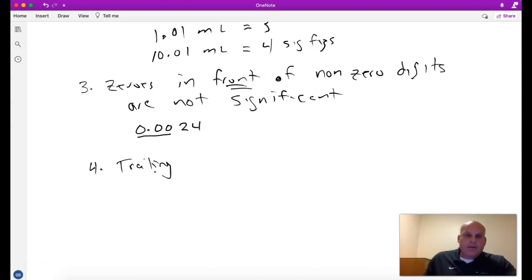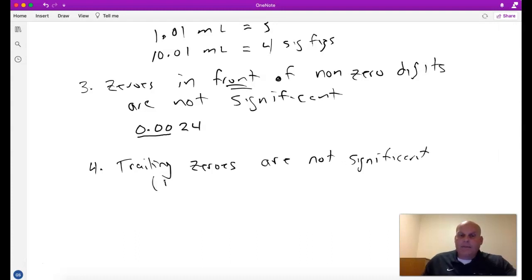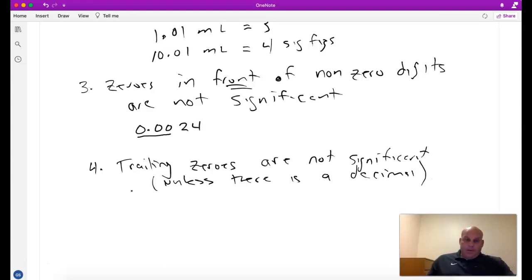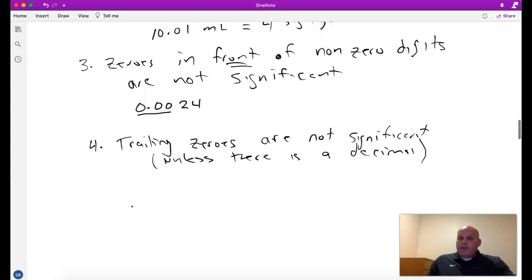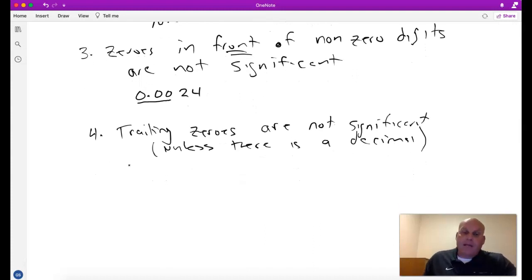Next, trailing zeros are not significant. One caveat here, unless there is a decimal. So trailing zeros are important because we're going to have to do a fair amount of rounding.